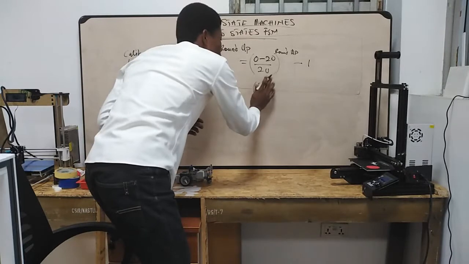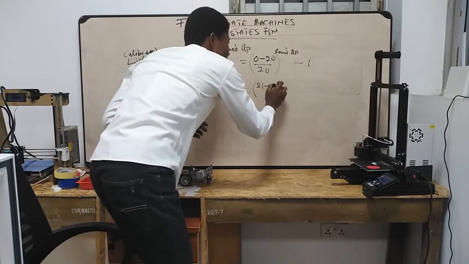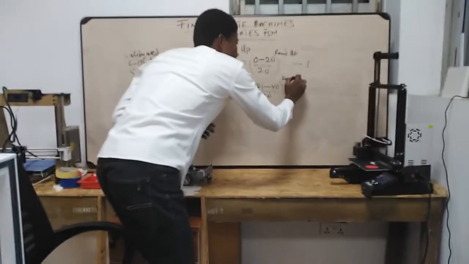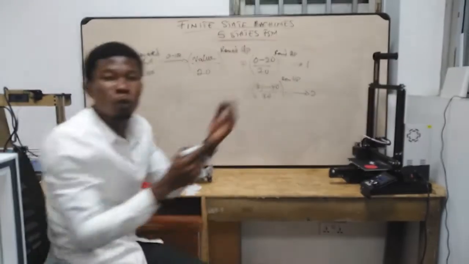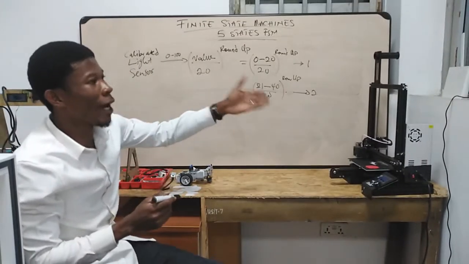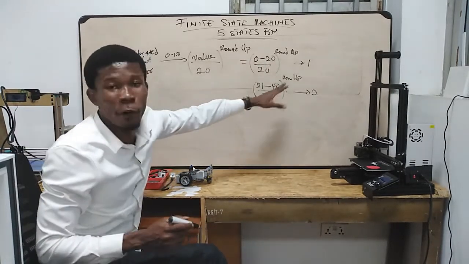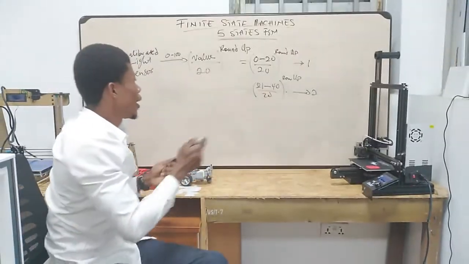If the figure is between 21 to 40, divided by 20, round up, we are going to have the result being a 2, because everything from 0.1, 0.2, 0.3 will be rounded up to 1. Every figure from 1.1, 1.2, 1.3, anything will be rounded up to a 2. It goes on and on.